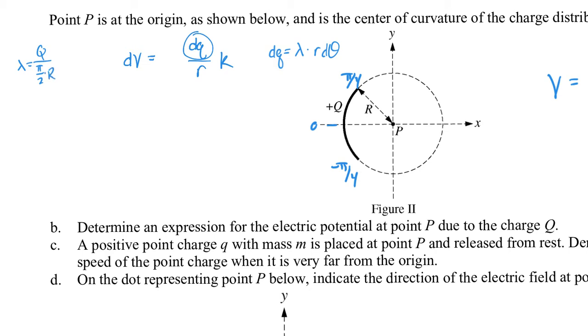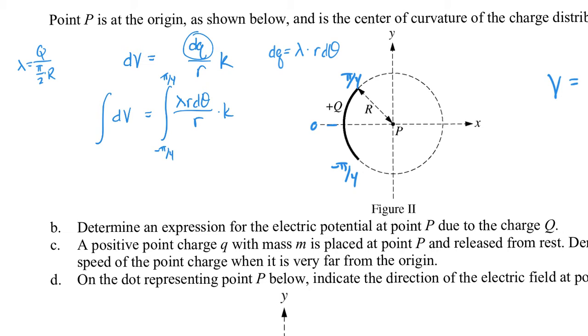Tuck that away and substitute, and I'm going to get lambda r d theta divided by r times k, that equals dV. So I'm going to sum over the entire charge, which means from here I'm going to go from negative pi over 4 to positive pi over 4.